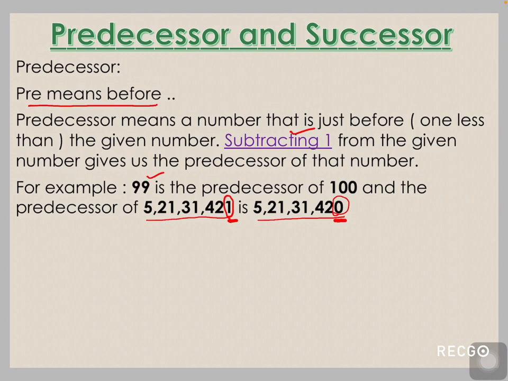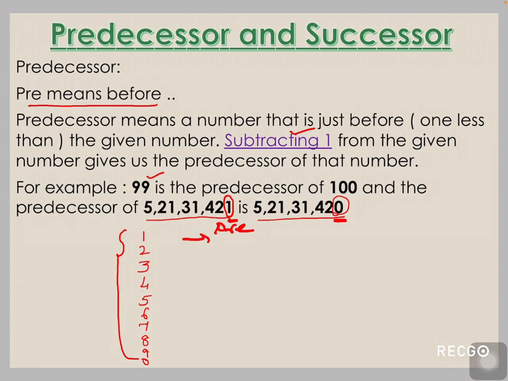At the units place you can have any of these numbers: 1, 2, 3, 4, 5, 6, 7, 8, 9 or 0. You can have any of these digits at the units place, that means ones place. If you have 1, to write the predecessor you will subtract 1. Predecessor means you will subtract 1.